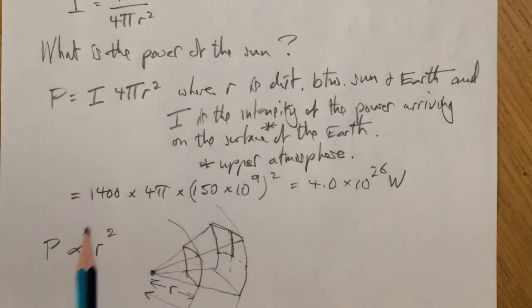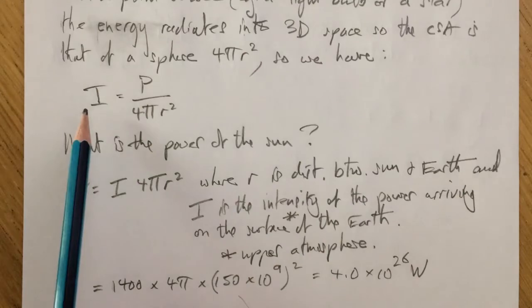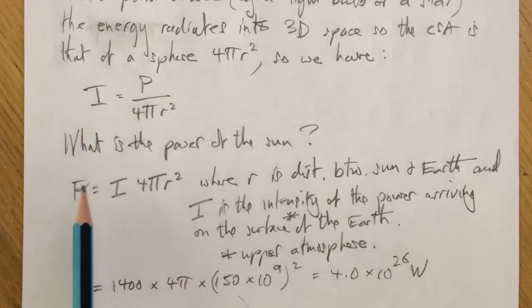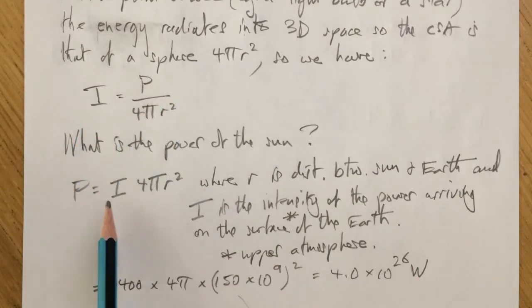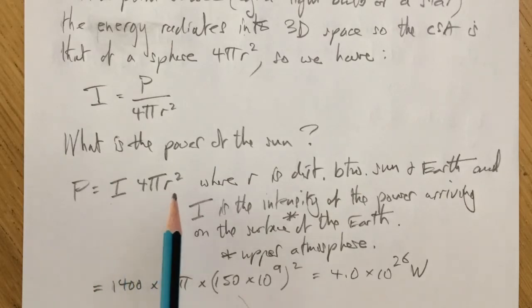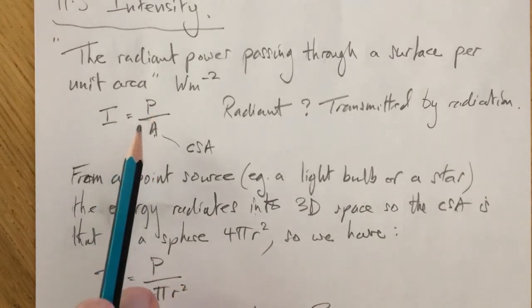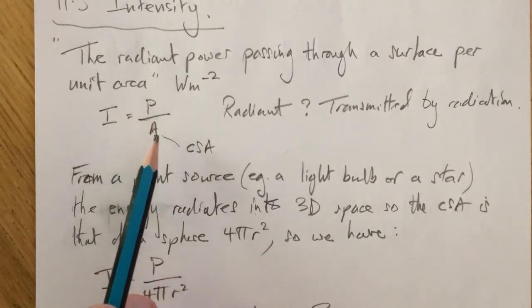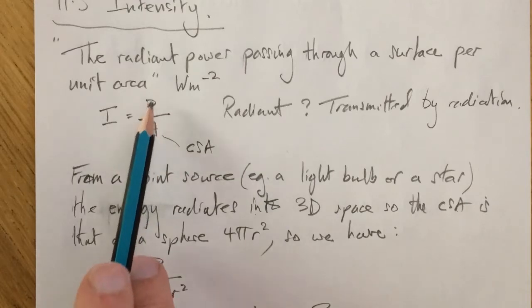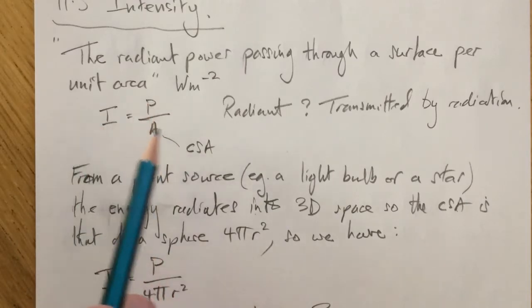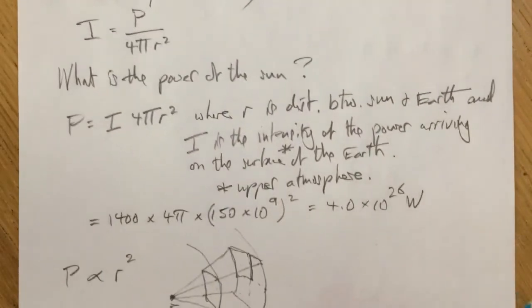So if we rearrange the equation for power, we get intensity times 4 pi r squared. What we've done here is we just multiply both sides by A, don't we? Power equals IA. A is 4 pi r squared.